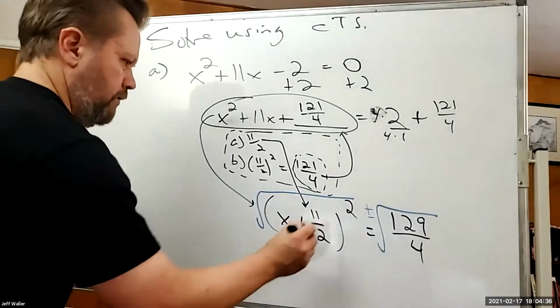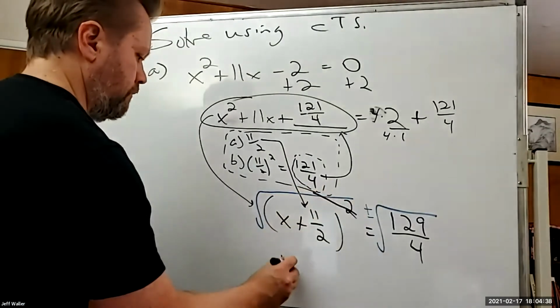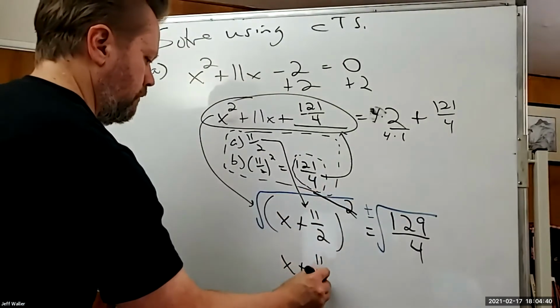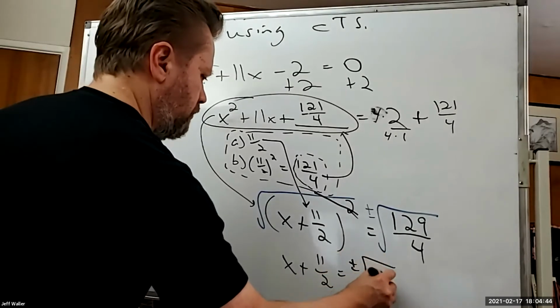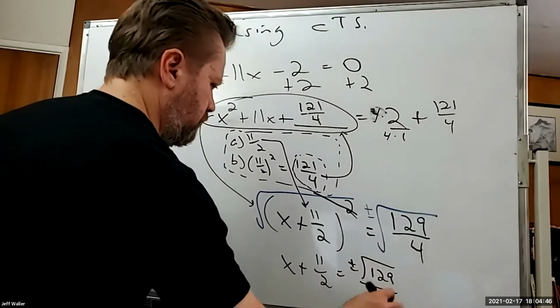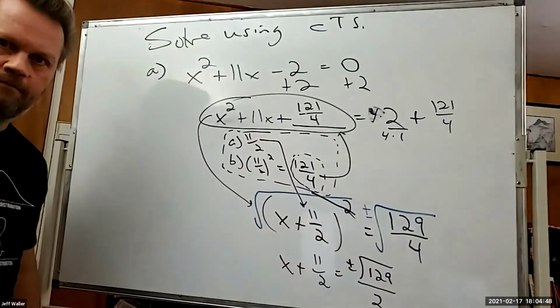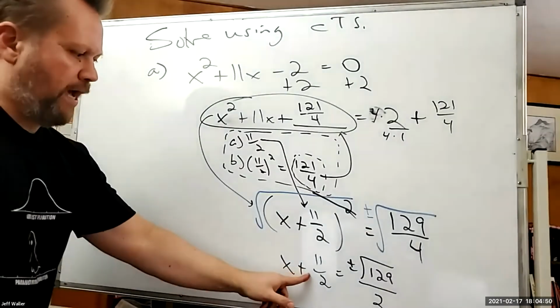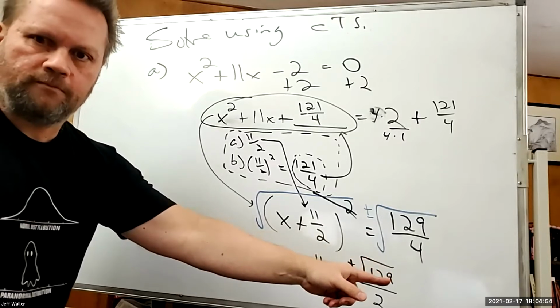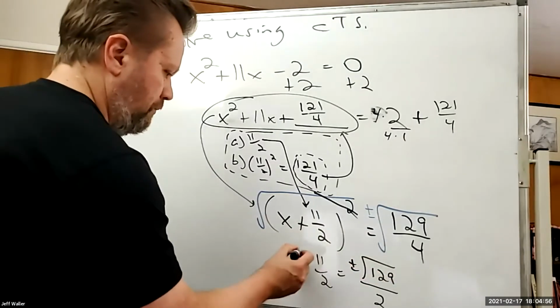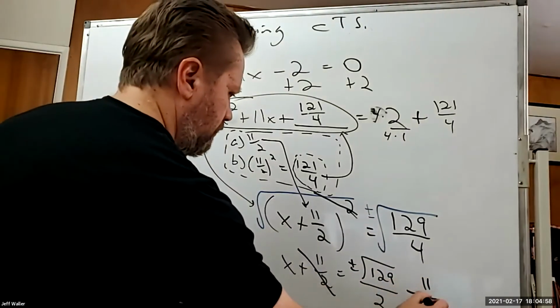So then I get, these kill each other. The square root of 129, there is no such simplification, but the square root of 4 is 2. You see that? And then I just have to subtract 11 over 2. Because I'm running out of room, I'm just going to do it like that.